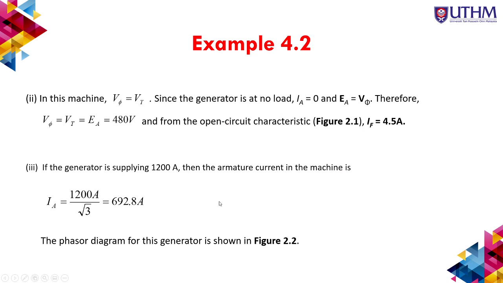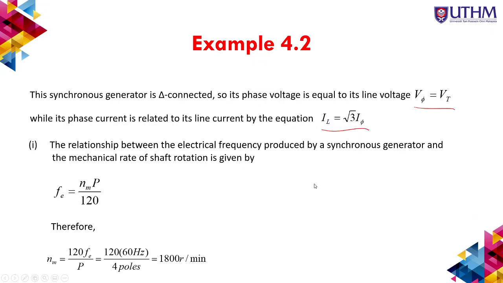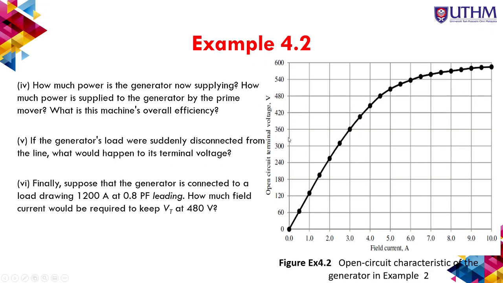And then for B, VT, as I said, IA is equal to 0, EA equal to V phase, therefore VT equal to V phase equal to EA equal to 480, and then from the open circuit graph, from here 180, and then we assume it will be in this range.